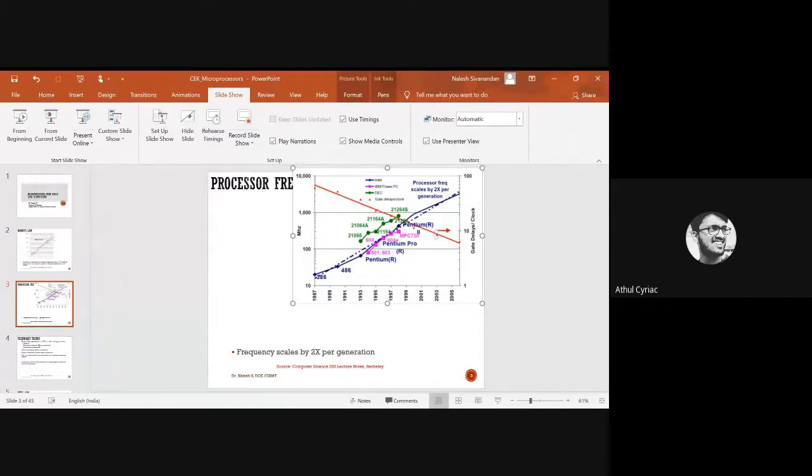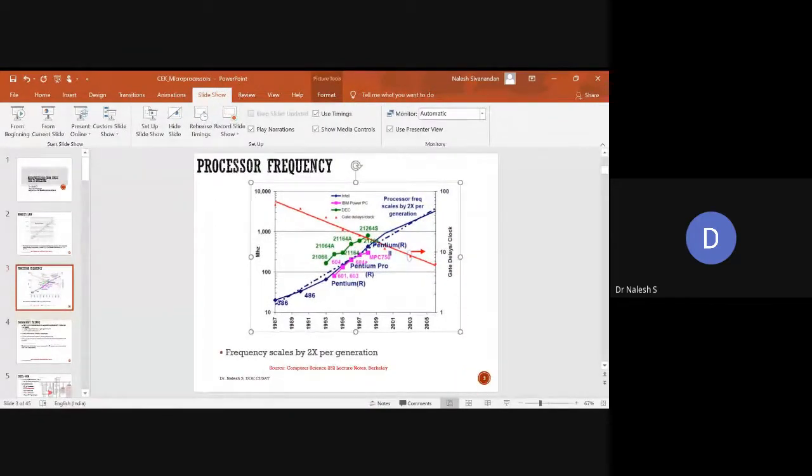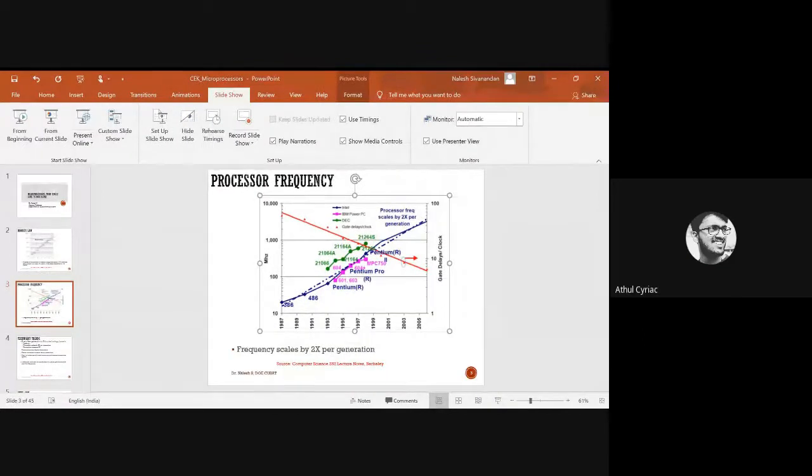But if it is not in slideshow mode, I won't be able to use the pen. Let me see. Anyways, we can see the graph now. How about it now? It's the third slide, I guess. Yes, it's processor frequency. I'll probably mention when I'm changing the slides.